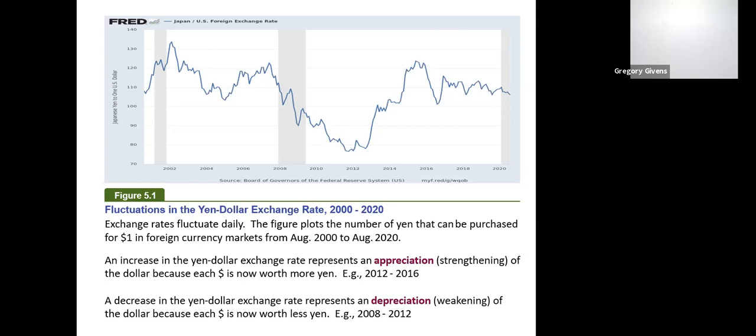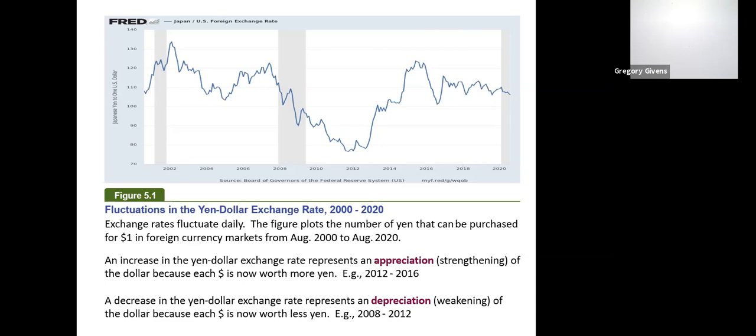The opposite movement in the exchange rate is called a depreciation, of course, right? That's when, in this example, the yen-dollar exchange rate would be falling, right? That's a weakening of the US dollar relative to the yen. When the exchange rate falls, every single dollar is purchasing fewer and fewer Japanese yen in foreign exchange markets.